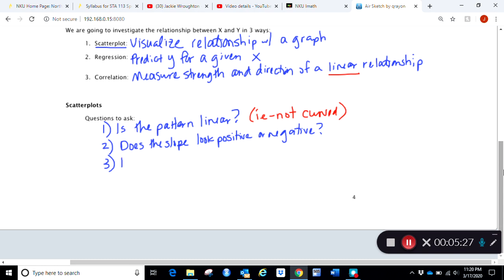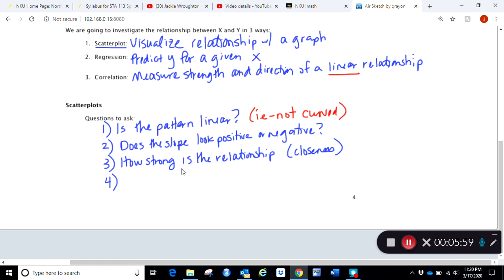Next, I'm going to look to see how strong the relationship is, and here we're looking at the closeness of the points. We will also eventually talk about correlation, which is a measure of strength, but we're also going to talk about looking at strength just from a plot itself.